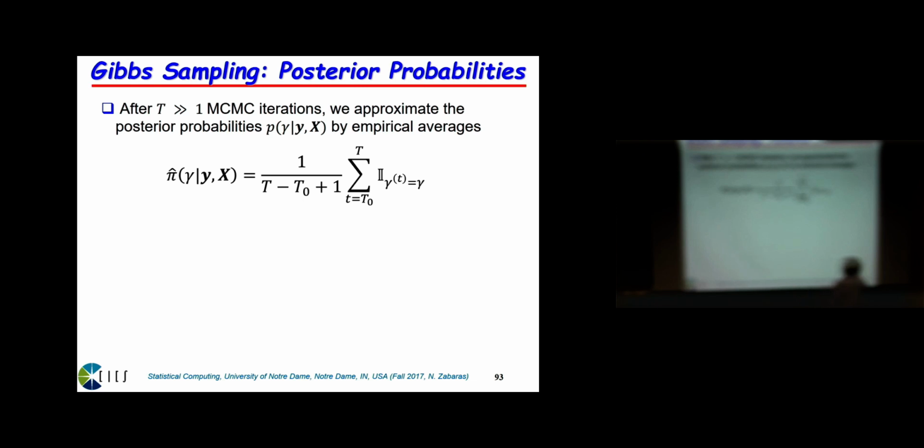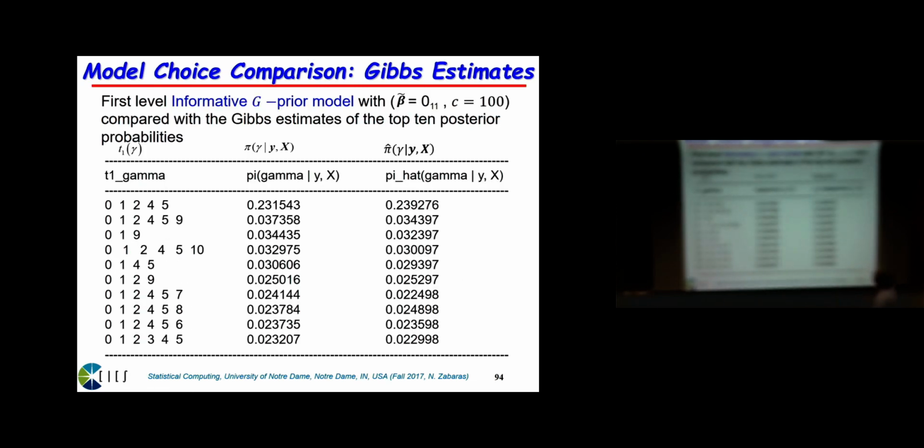So what happens when you implement this algorithm? Extremely fast. This is the calculation that we did before, right? For different models, you plug in your gamma variables, this is what you get. And these are the estimates you get with Gibbs sampling. You notice the results basically coincide to 2 decimal digits.